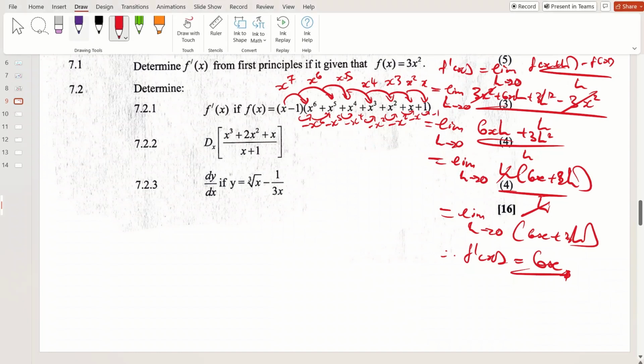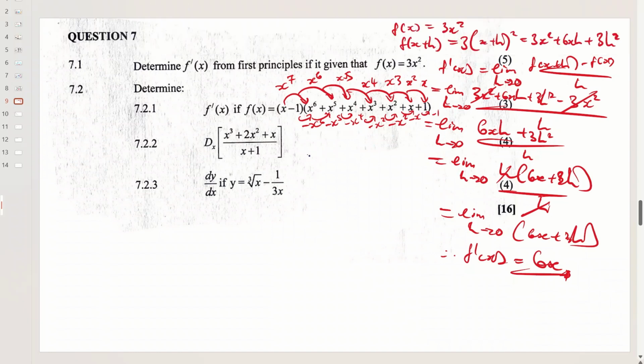So what does this tell you? The negative x to the 6 and the positive x to the 6 cancel out, and so on. This is 7.2.1.